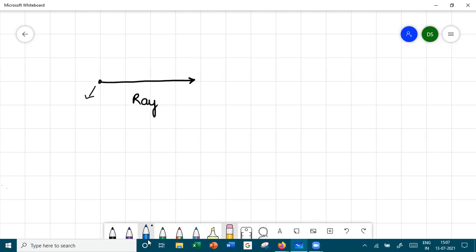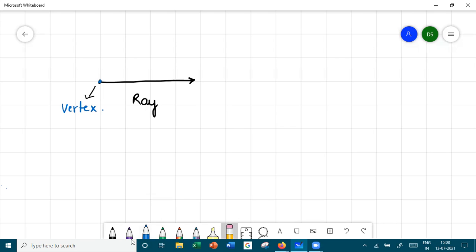And what is this point called? Origin. Okay. Or you call it a vertex, right? Origin also can be used, but the more technical or suitable term would be vertex, right? Okay, we remember that.